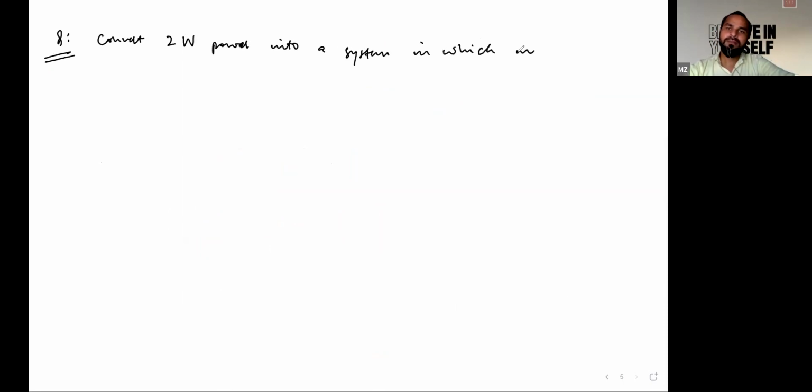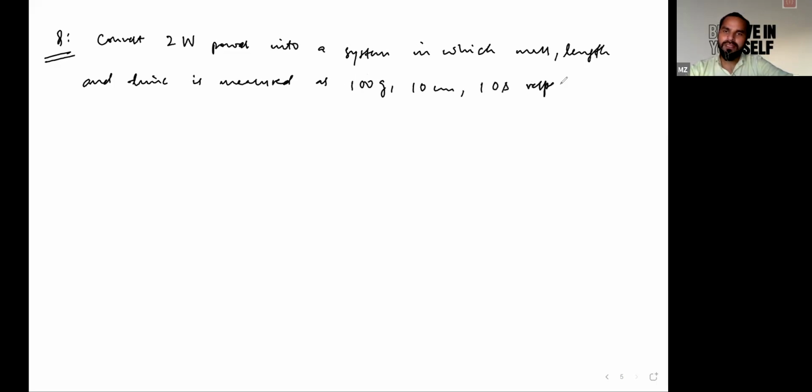If there would be a question: convert 2-watt power into a system in which mass, length, and time are measured as 100 gram, 10 centimeter, and 10 seconds respectively.